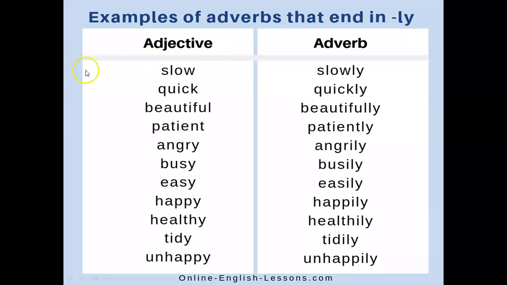Quick review. Adjectives modify and describe nouns. The slow dog, the slow turtle, the slow car. Adverbs modify verbs or describe them. He read slowly. The dog walked slowly. Okay, the turtle ate slowly. Those all go back to describe the verbs.